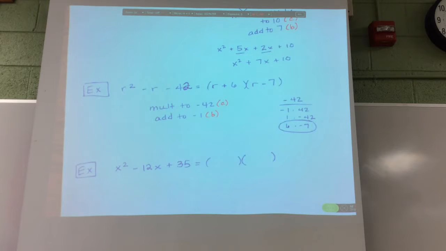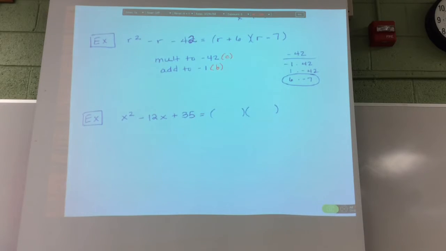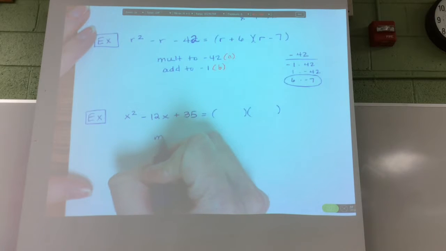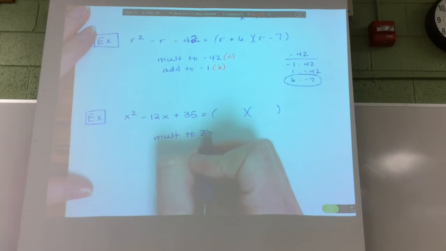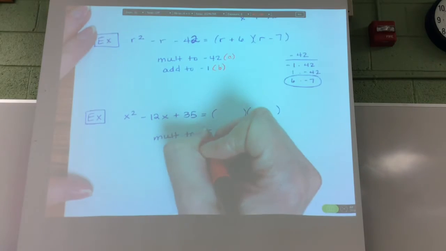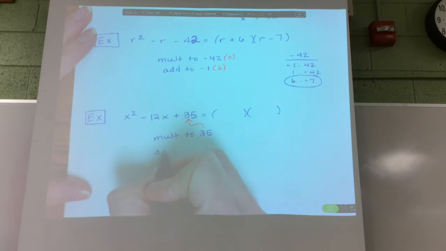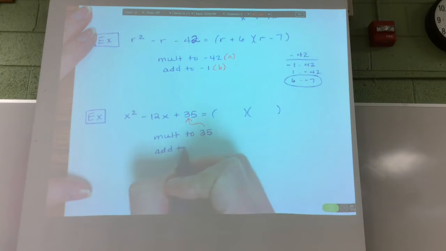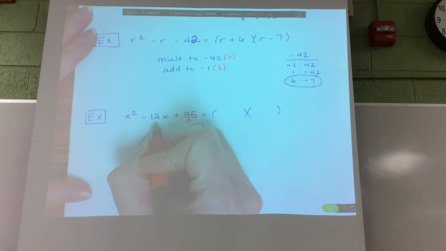So what does it need to multiply to? 35, which we got from right here. And what does it need to add to? Negative 12, which we got from right here.